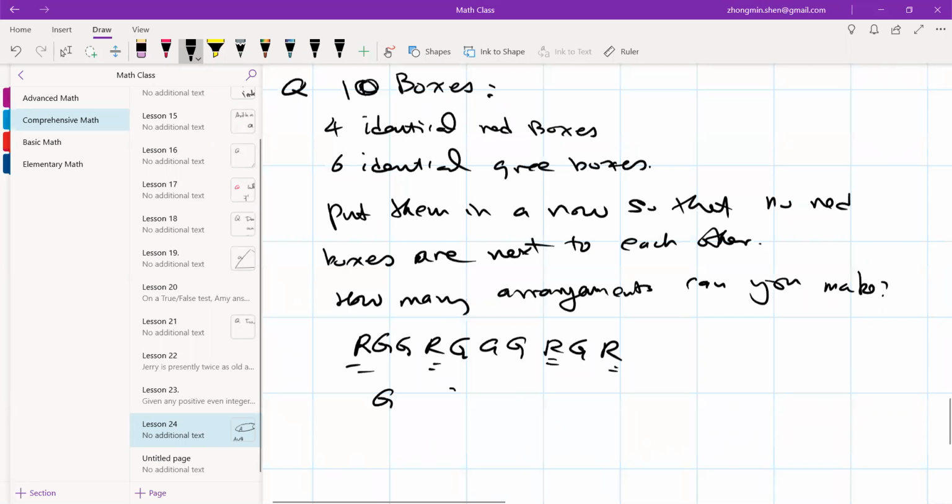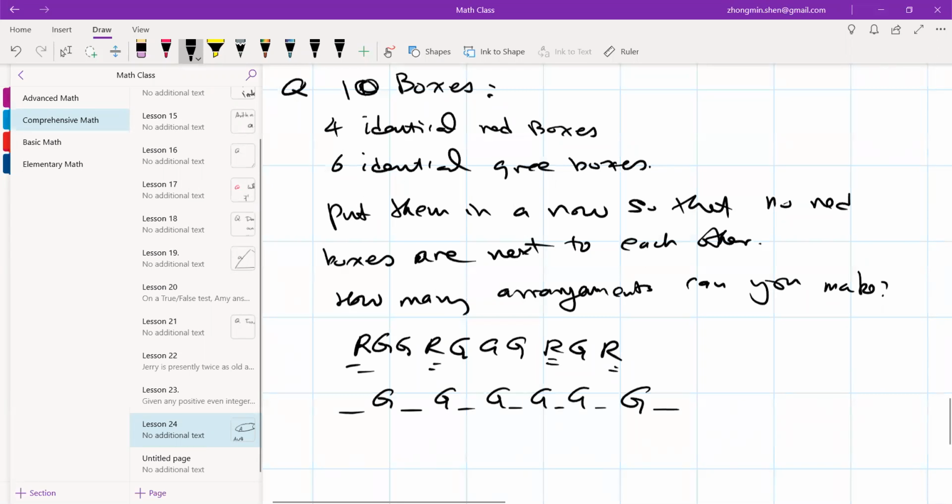So green box here, green box. How many green boxes here? 1, 2, 3, 4, 6. Okay, I'm going to put a space here. Yeah, this is the way you have to think, in order to make sure no red boxes are next to each other.